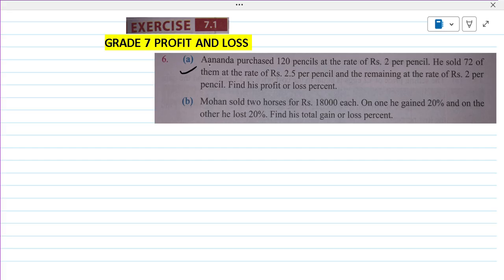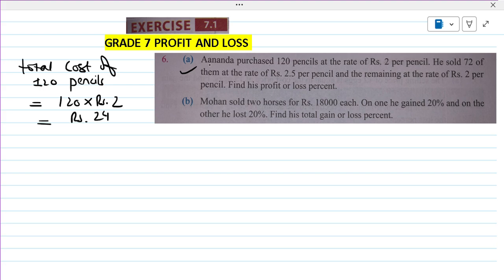So first we go to find the total cost he has made. So we say here total cost of 120 pencils. So 120 into rupees 2, we get rupees 240.